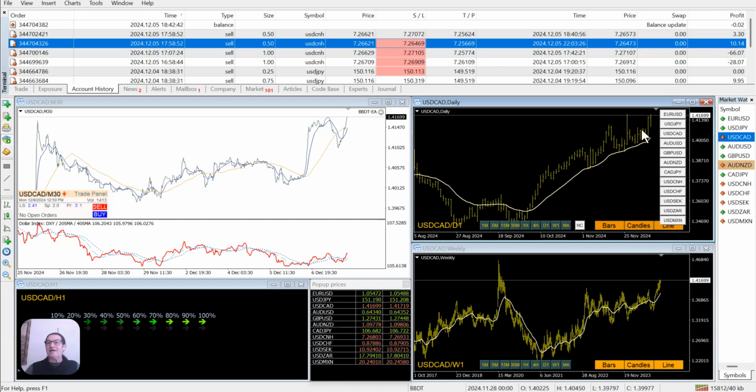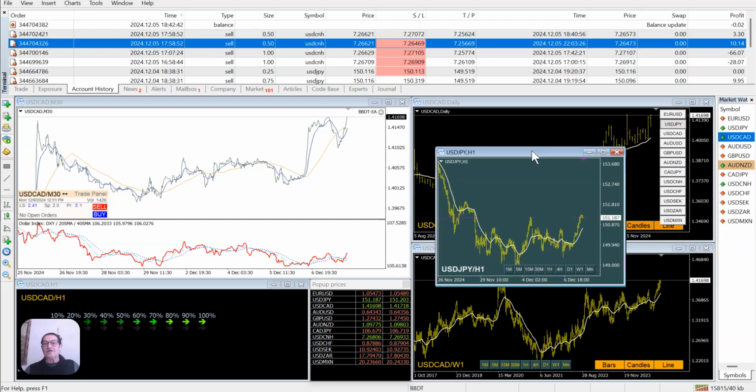For example, I read earlier that the Japanese yen is in a strong position right now. So I just want to confirm that by clicking on new chart. It opens my list, which automatically matches my watch list. I click on the currency pair I want, and here is my new chart.